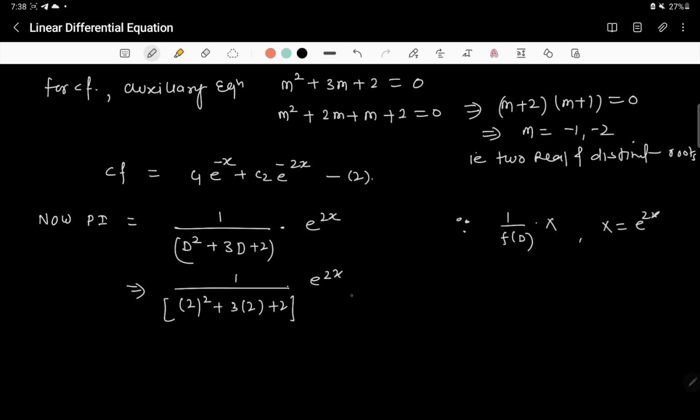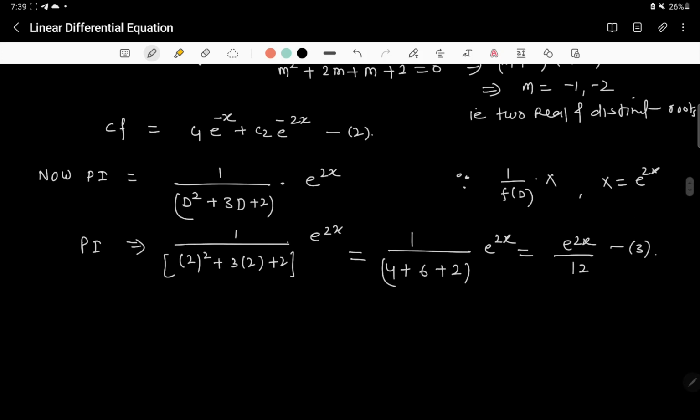So after solving, what we will get? This is 1 upon 4 plus 6 plus 2, times exponential 2x. So it is exponential 2x by 12. This is your PI. So this is number 3.